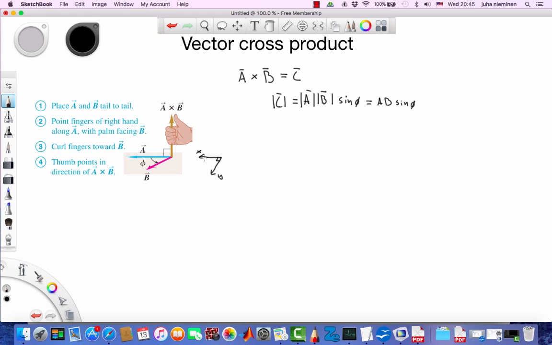So A and B are both on the xy plane, which means that in order for C to be perpendicular to both of these, it must be somewhere in the z direction. It could be up or down, but it's definitely perpendicular to both only if it's along the z-axis.